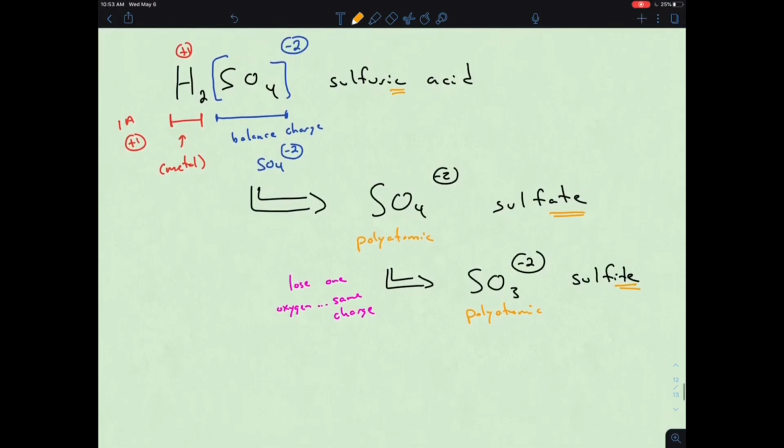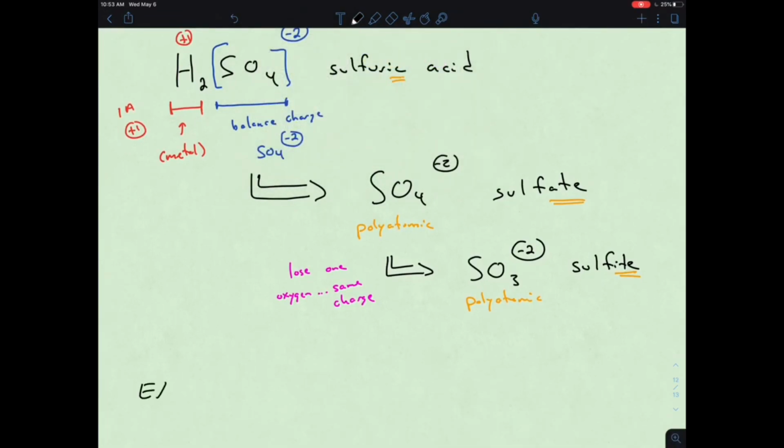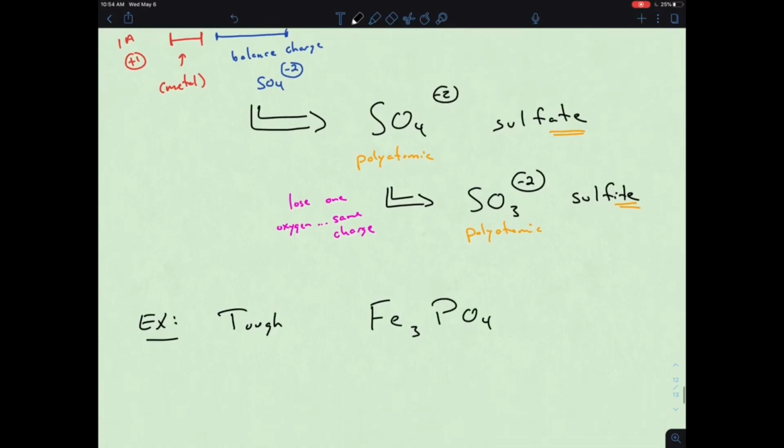Just maybe as an example of something really tough. We could ask, what is the name of this Fe3PO4?